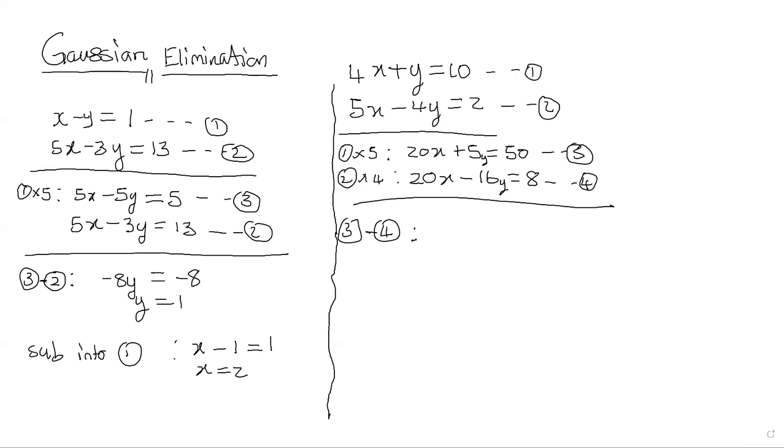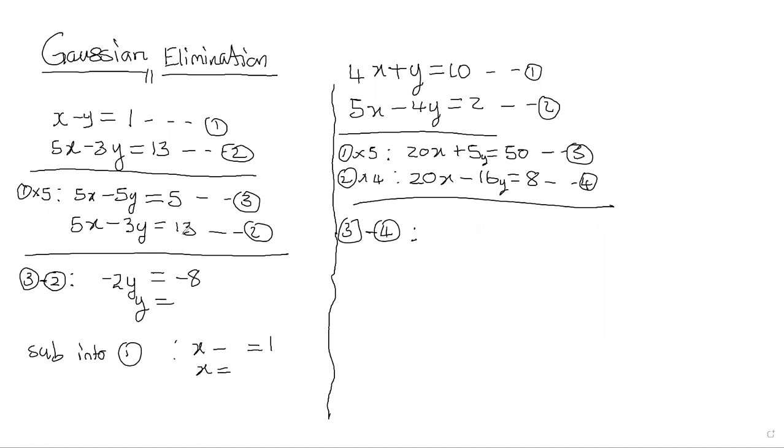What? Minus 5. That's going to give us minus 2y.